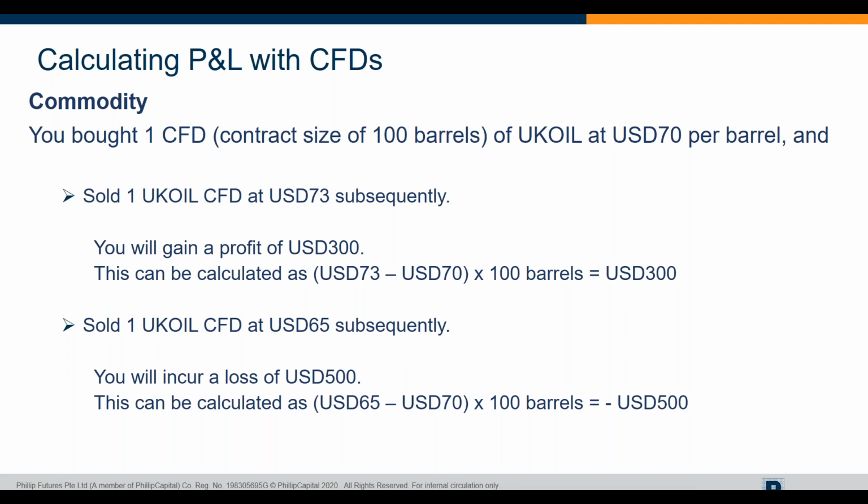You can see the calculation is there, it is pretty straightforward. In the event that you sell the same contract at a price drop of $65, you will incur a loss of $500. That's taken by 65 minus 70 times 100 barrels. So that would be the calculation of the loss made on this trade.